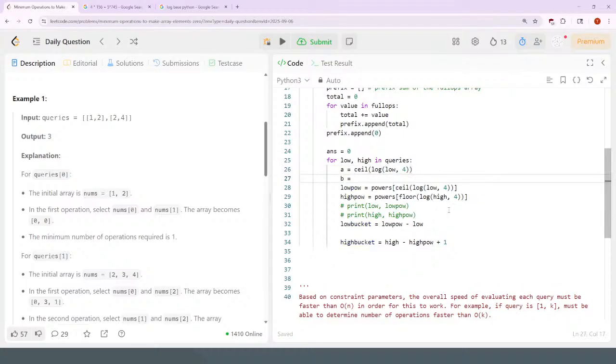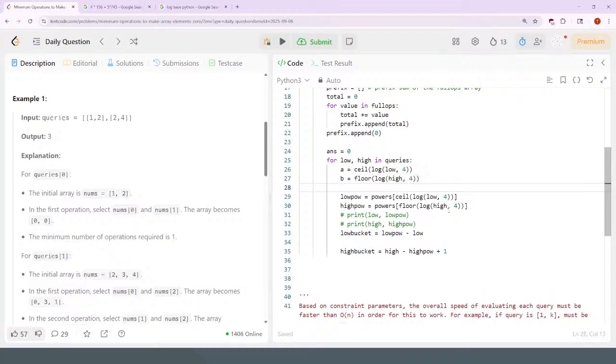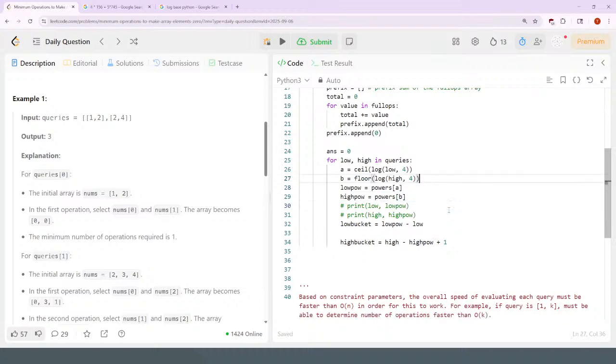And B is going to be the floor of log of high base 4. So this is going to be A and this is going to be B. And I think A is going to give you the same number of half operations as you would need for everything in the low bucket.